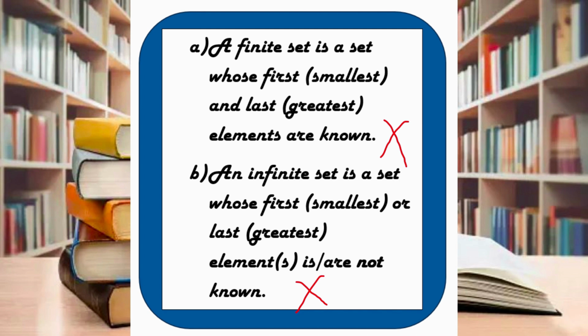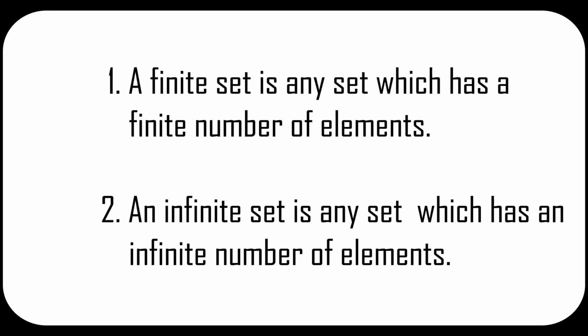An infinite set is a set whose smallest or greatest element or elements is or are not known. I have issues with that also. These statements apply to some finite and infinite sets, but not to all of them, and so must not be used as definitions. Here is what I offer.